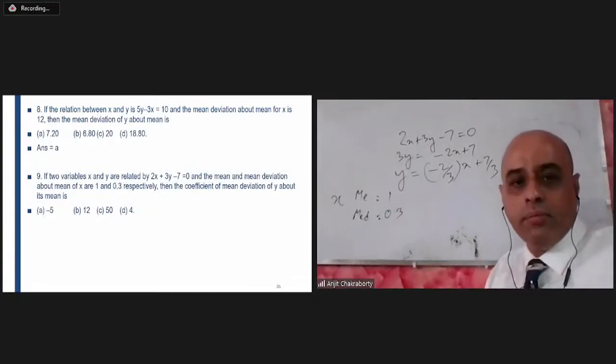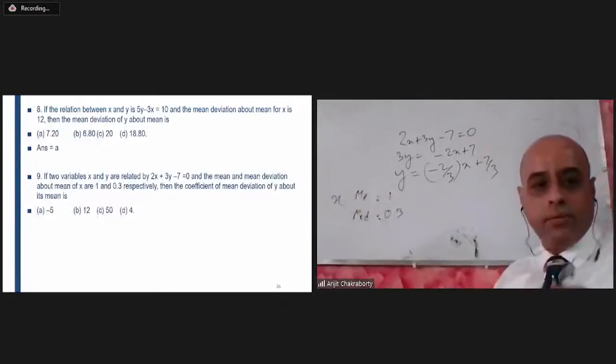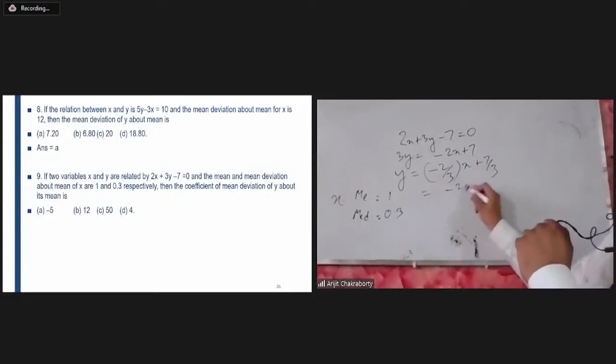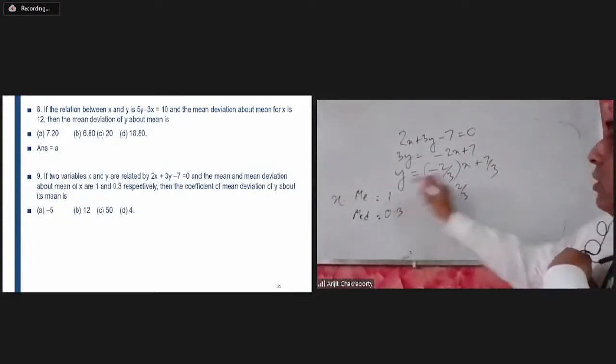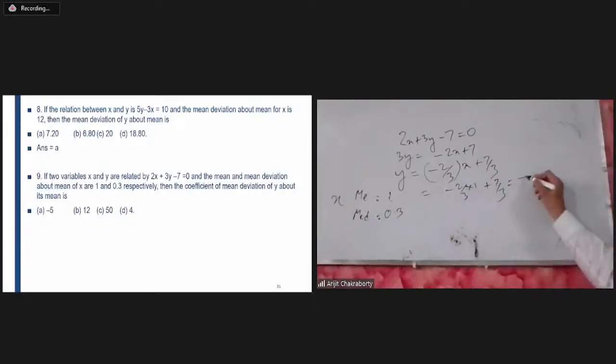So if the value of the mean of x is 1, then the value of the mean of y will be minus 2 by 3 into 1, instead of x we put 1, plus 7 by 3. So that will give us minus 2 by 3 plus 7 by 3, that means 7 minus 2 is 5 by 3. So this is the mean of y.